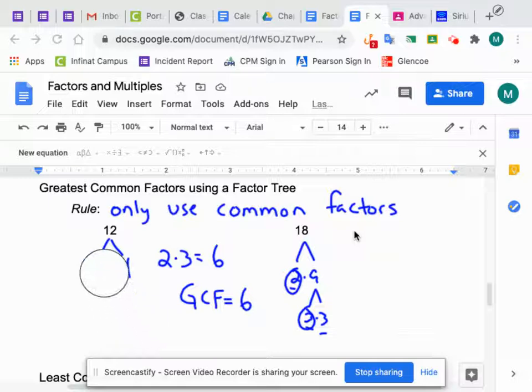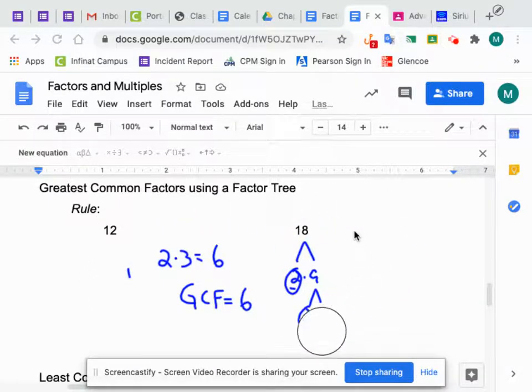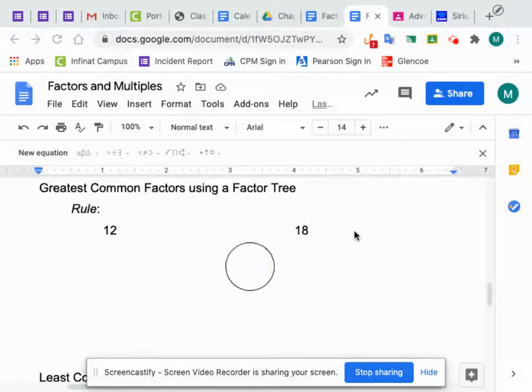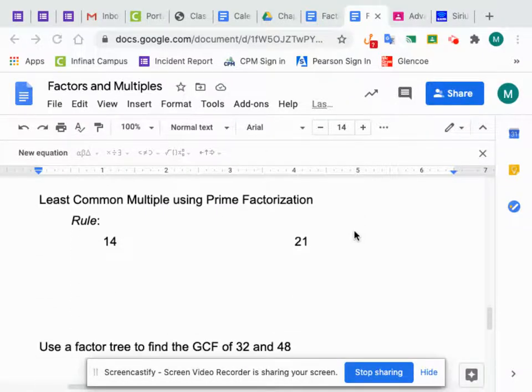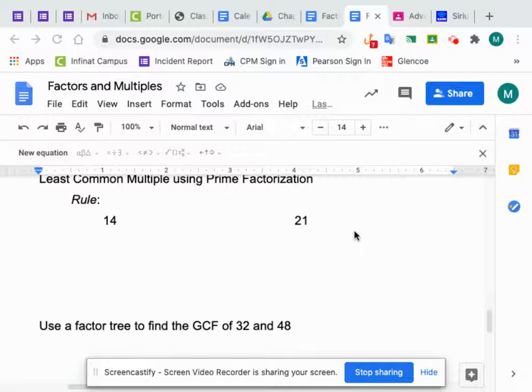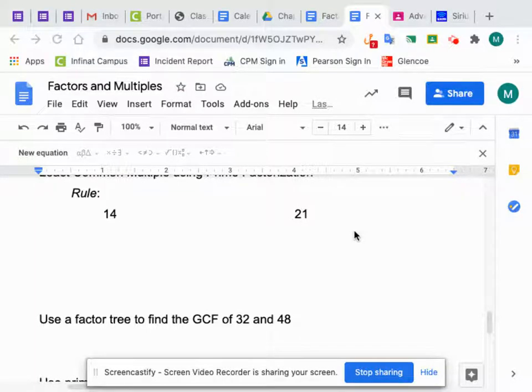So like I said, using this for when you have really large numbers is when it's going to benefit you the most. And then when we're looking at the least common multiple, I'm going to do 2 times 7, and I'm going to do 3 times 7.